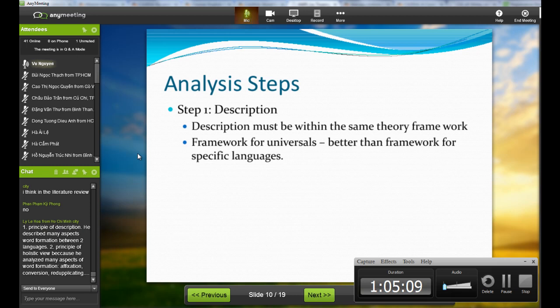You can learn it from the essay that we have just discussed. And when describing language pairs, it is better for us to refer to frameworks that are useful for language universals rather than frameworks for specific languages.